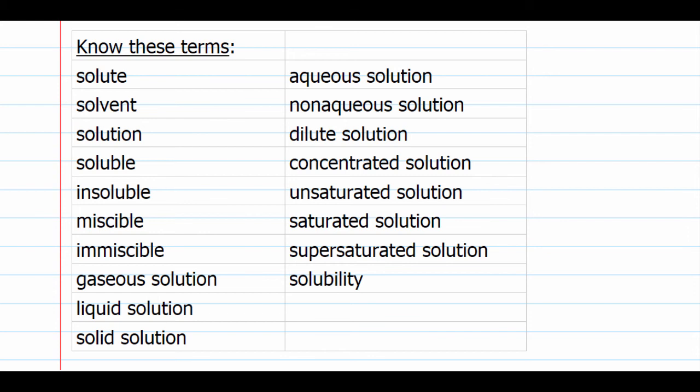And it might be helpful to know that water is often called the universal solvent. Water is often called the universal solvent because it dissolves many, many, many things. So if you're having trouble keeping solvents and solutes straight, think of water. Again, water is considered to be the universal solvent.